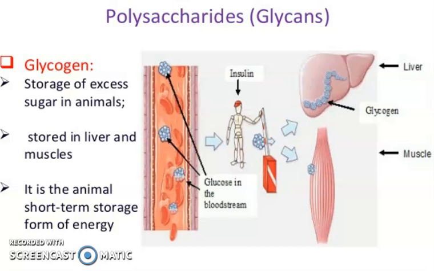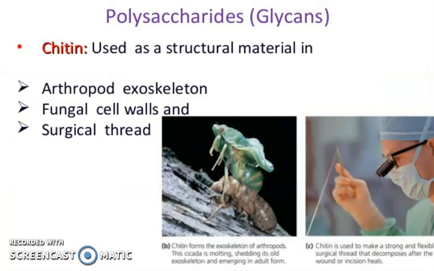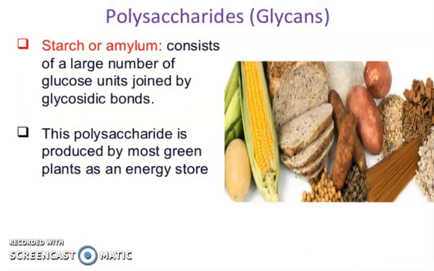It is the animal short-term storage form of energy. So, liver, glycogen, muscles, insulin, you can see a lot. Chitin is used as a structural material in arthropod exoskeletons, fungal cell walls and surgical thread.